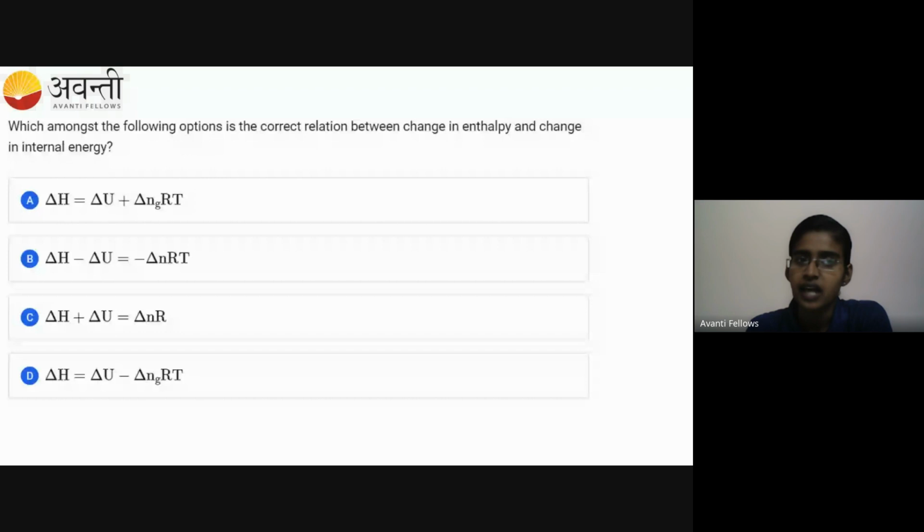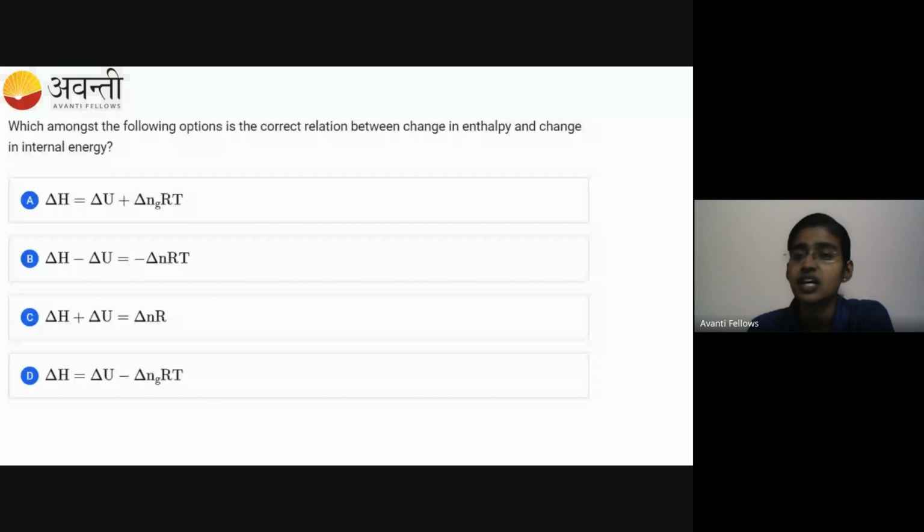So the first question is: which of the following is the correct relationship between change in enthalpy and change in internal energy? While discussing this topic, I told you this was a previous year question. Options are given to you. Can you please find out the correct answer?